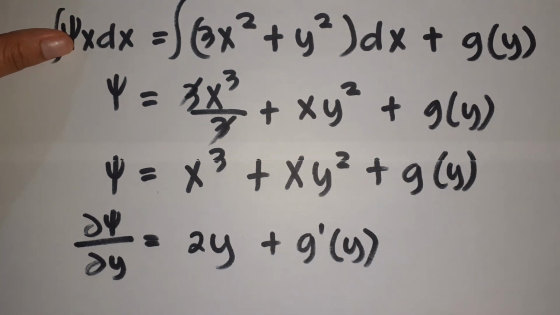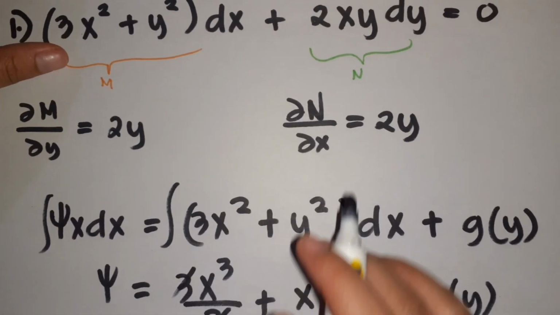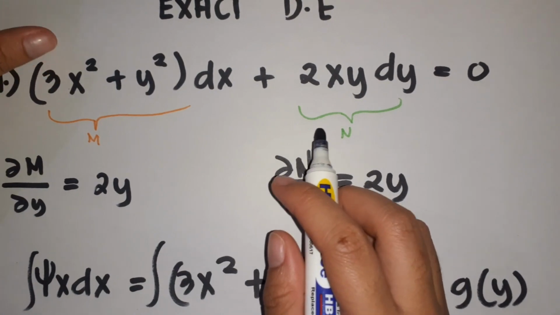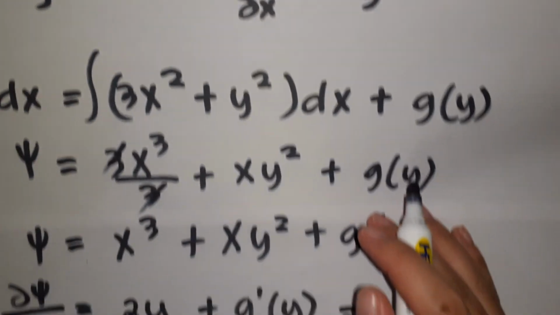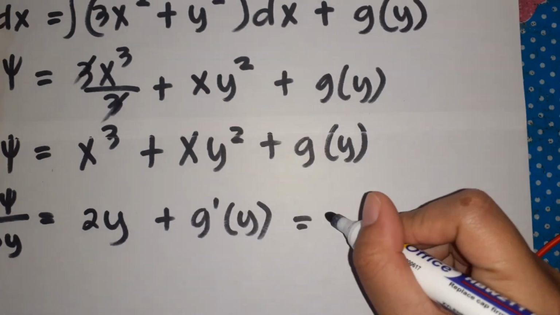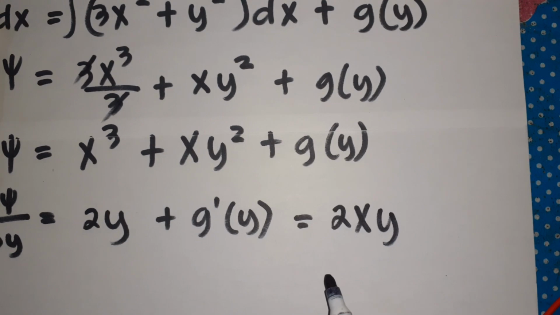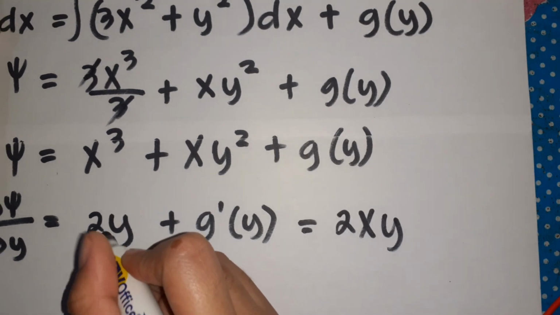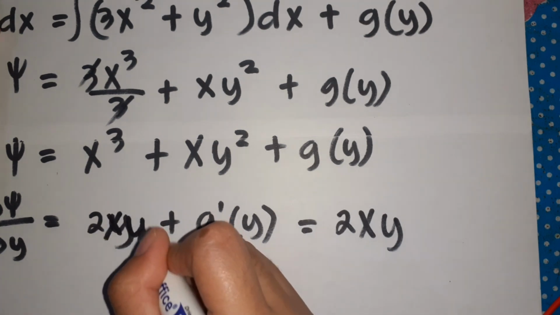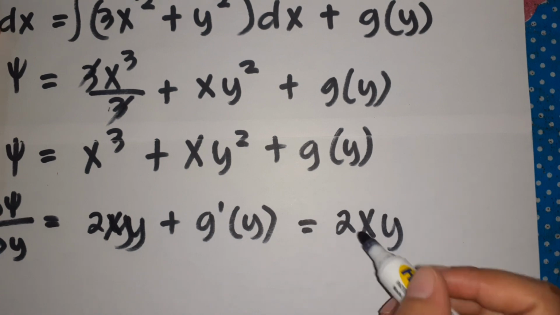Then we will equate this to the value of our N function. Our N is 2xy, therefore 2xy equals 2xy, and they cancel out.